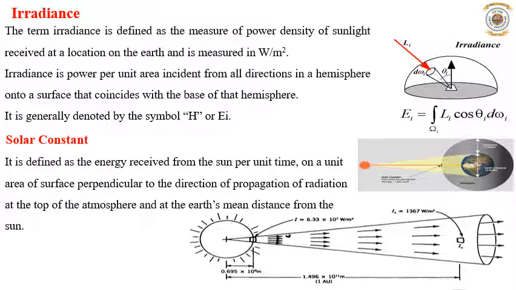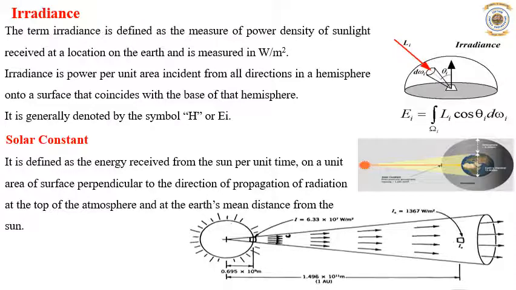Okay, so because the sun's distance and activity vary throughout the year, the rate of arrival of solar radiation varies accordingly. This solar constant is thus an average from which the actual value varies up to about 3% in either direction.